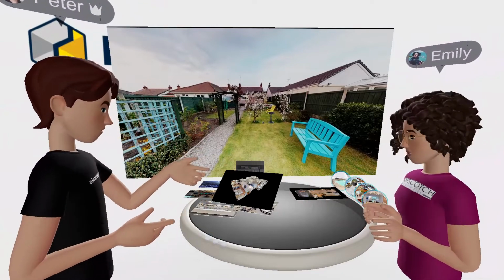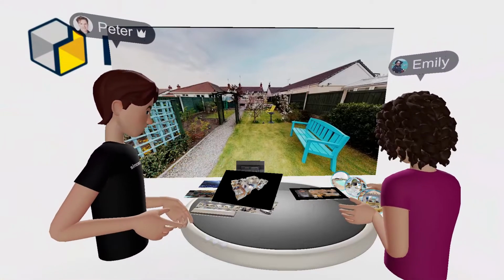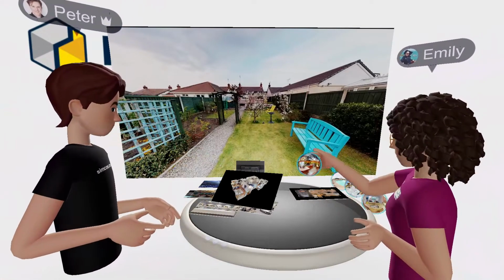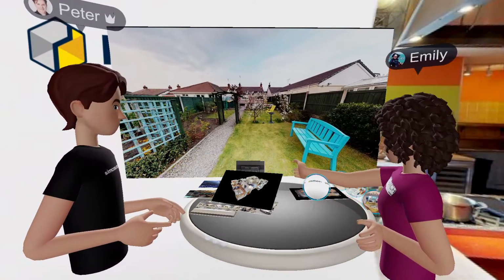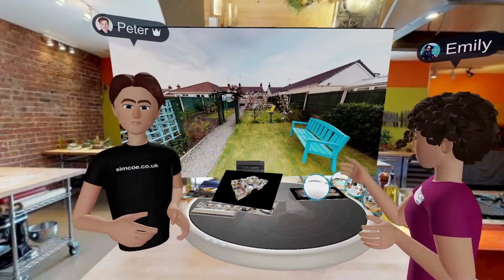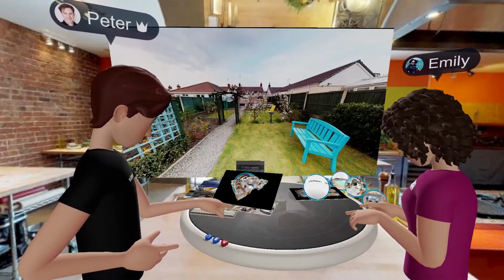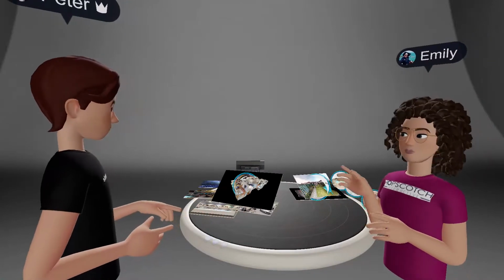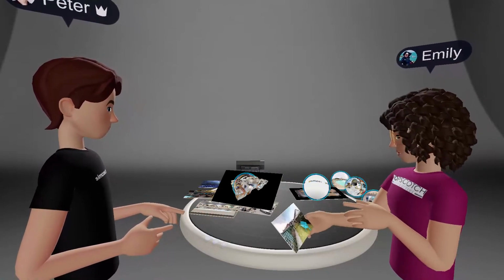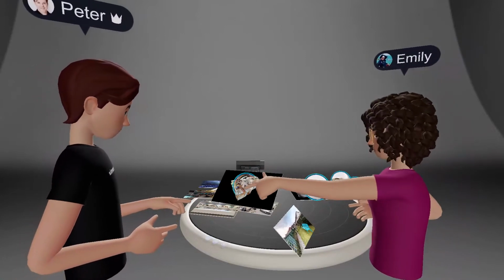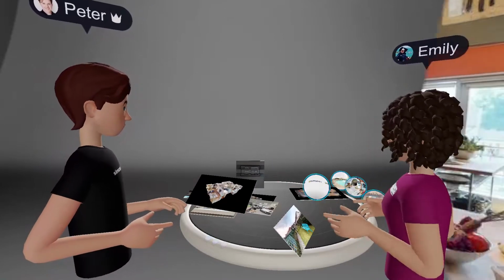So would you like to demonstrate some of the 360s that you have? Sure, exactly. One of the other reasons that I think people are bound to be interested in this is because, hold on, we've got to pull the image out here. Okay, so we'll put this back in here.